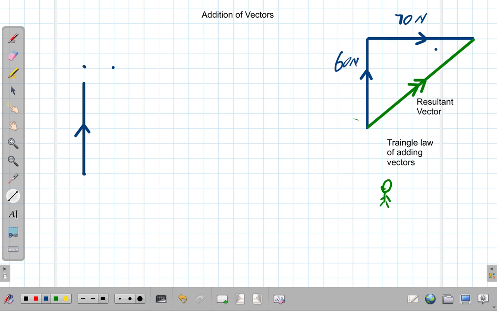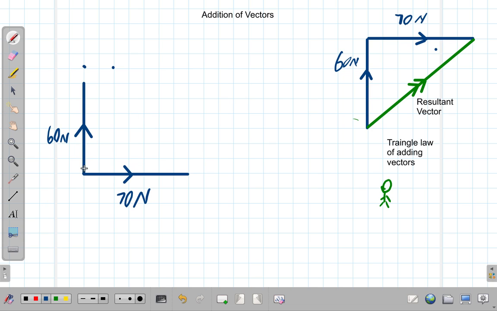First of all, this is the 60 newtons, alright? So let me label it. Then the 70 newtons going this way, 1, 2, 3, 4, 5, 6, 7. So that's our 70 Newton vector. The thing is this now, how do you get the resultant?